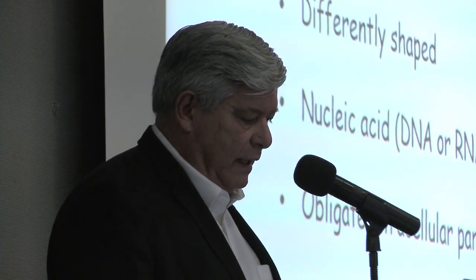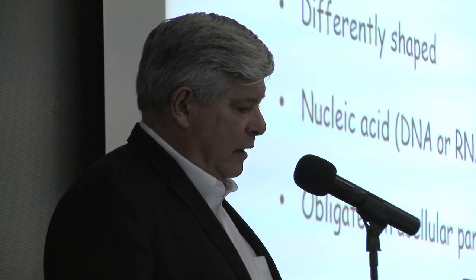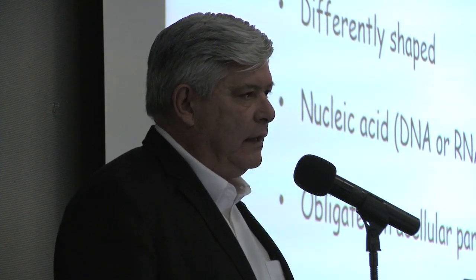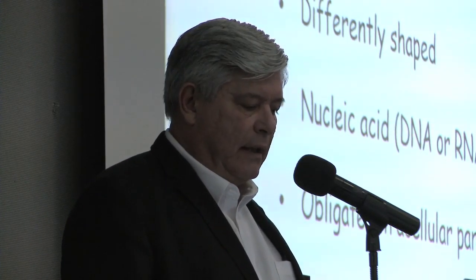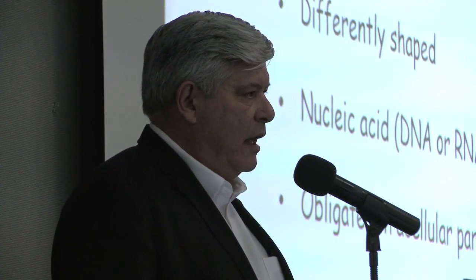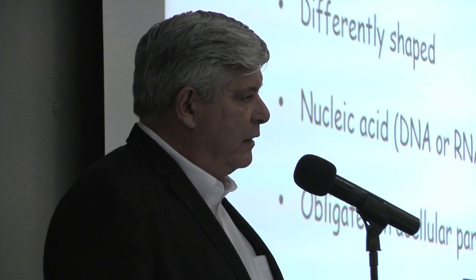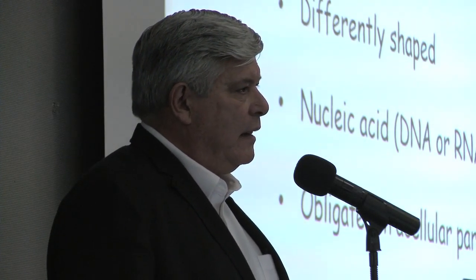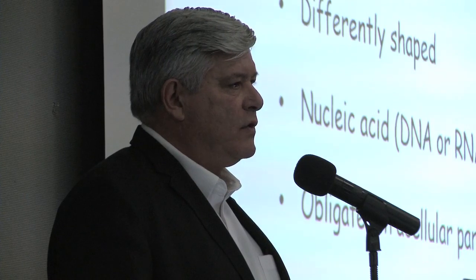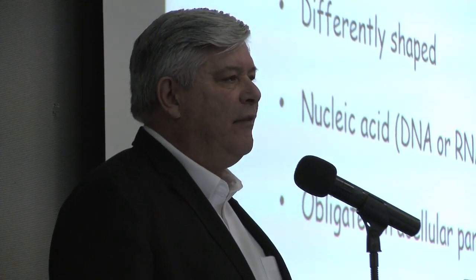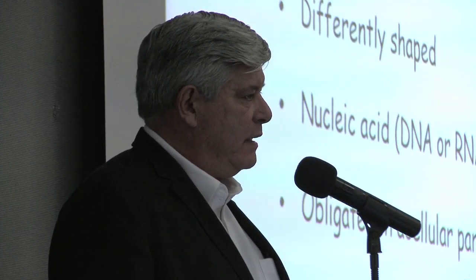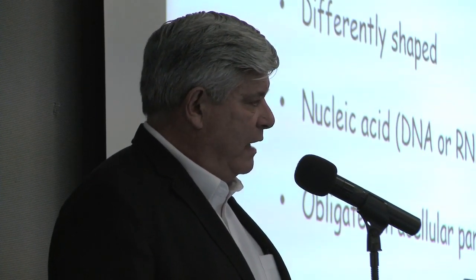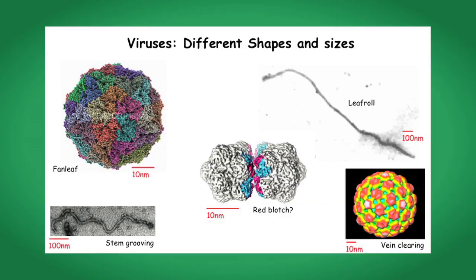And more importantly, not only are they tiny, they cause huge damage, but they're obligate parasites, meaning unlike bacteria and fungi, they can only live and survive on a living organism. The vine has to live in order for these infectious agents to thrive and multiply.